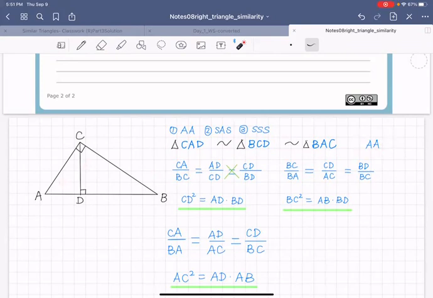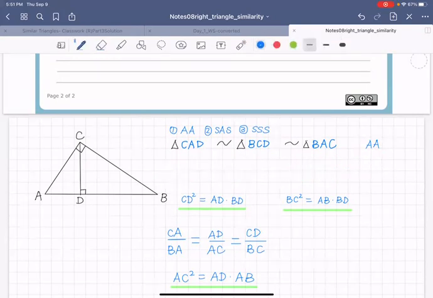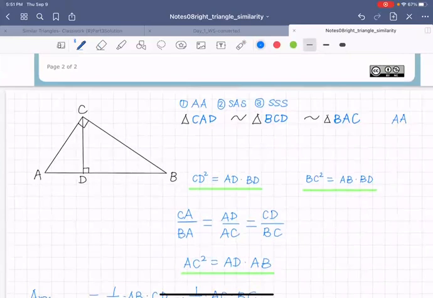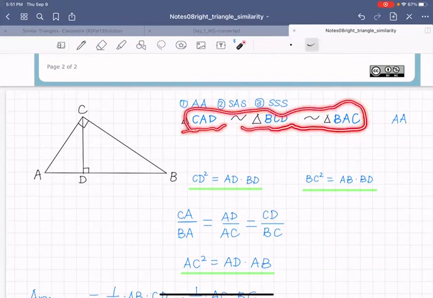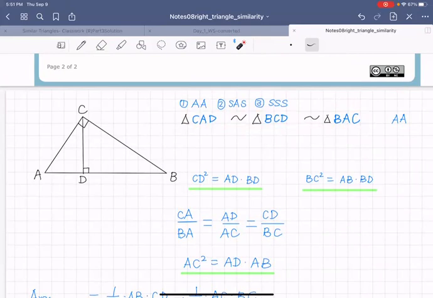Now we can write down the proportions. Please write down the notes. Today's notes are really important. When we have the triangle similarity exactly in this format, we will do the proportion: first two letters ratio equals last two letters ratio equals the first one and the third one ratio.